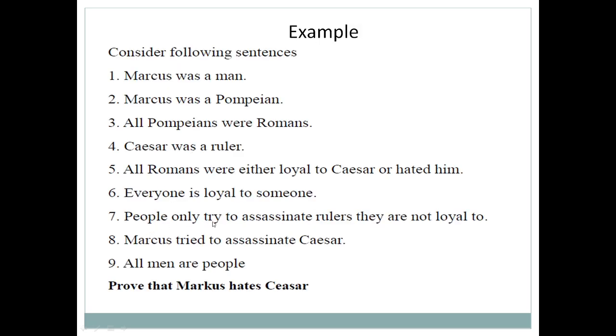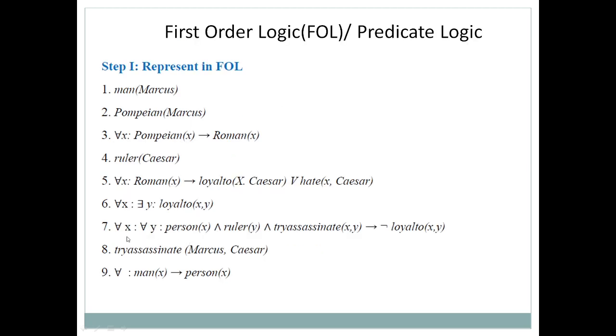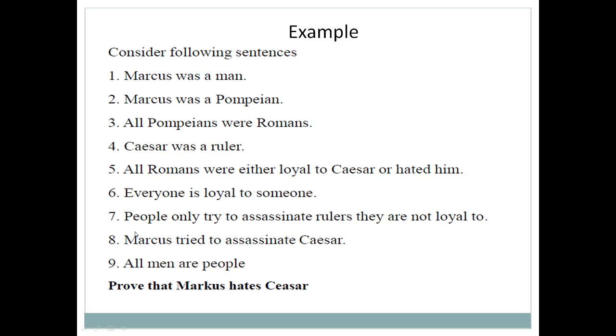People only try to assassinate rulers they are not loyal to. Whenever we are talking about people, people means what? All. So for that purpose we have used the universal quantifier, inverted A. So for all x there exists y, where if x is a person and y is a ruler, x is used to represent people and y is used to represent ruler.